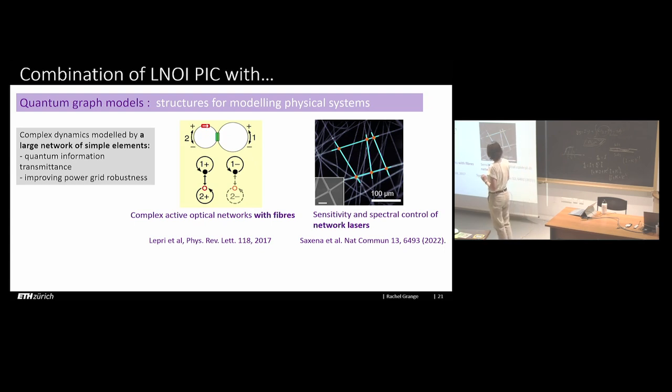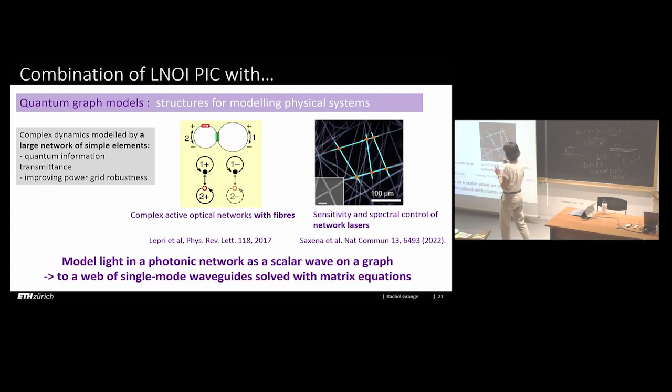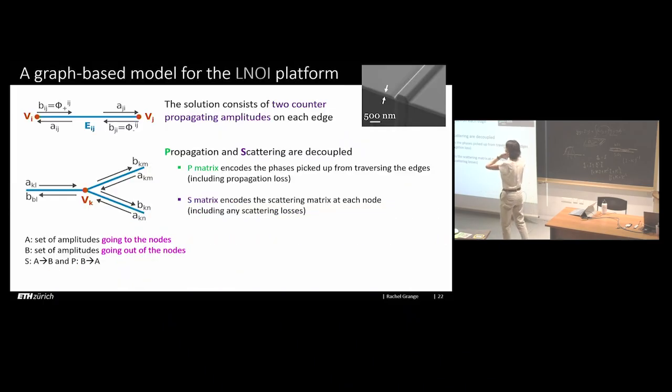What we've been doing there is trying to model light in those kinds of photonic networks with a scalar wave on a graph. So we have a web of single-mode waveguides to solve matrix equations. That was the goal of having this kind of system. Here I'm showing you how we model this.